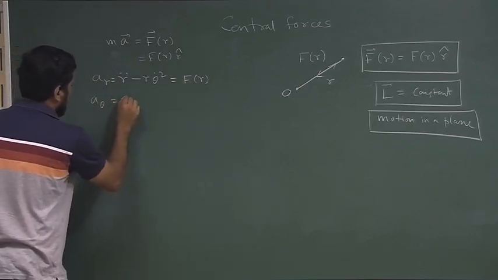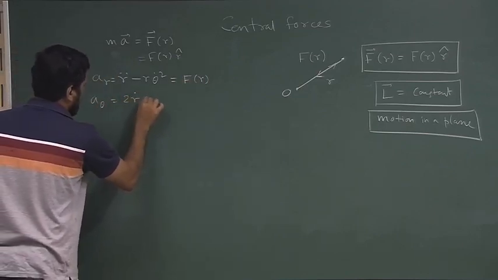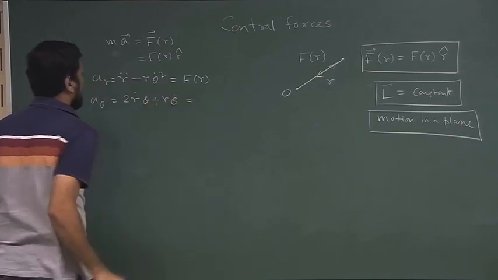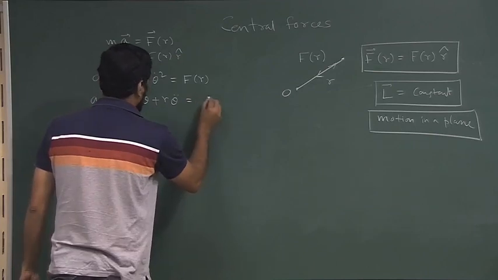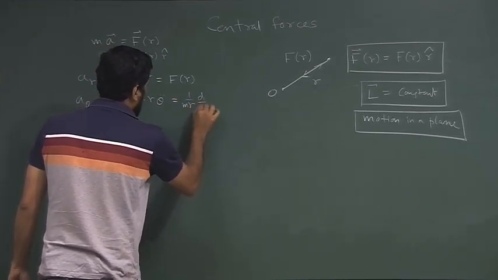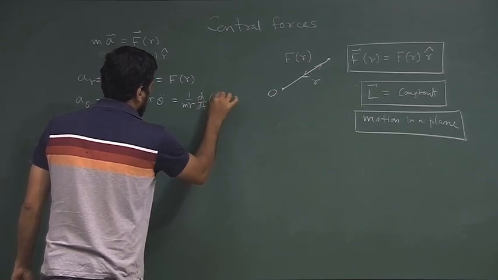And a_theta equals 2 r dot theta dot plus r theta double dot, which can be written as 1 by m r d/dt of L.